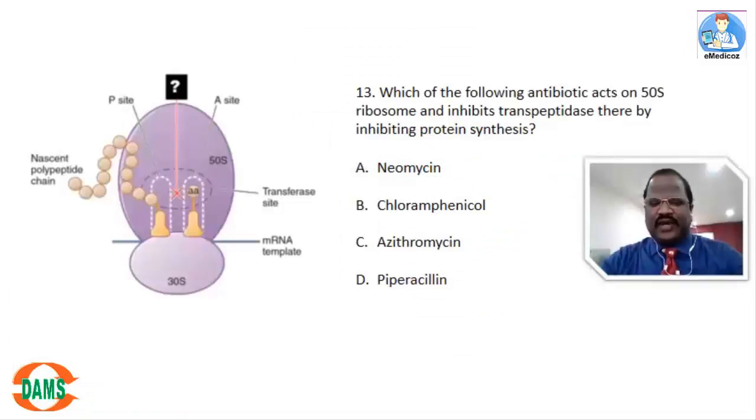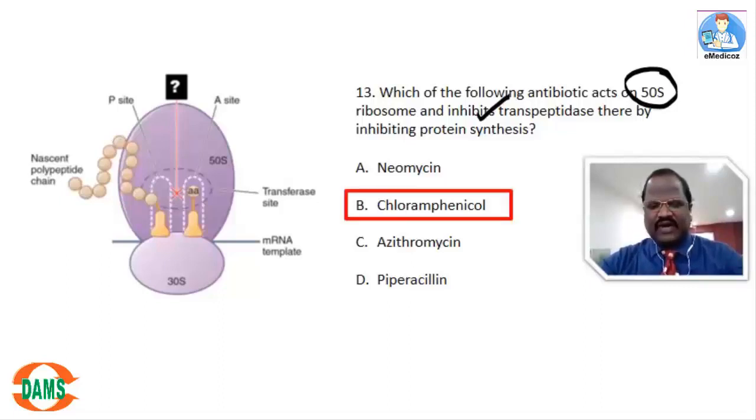Question number 13. Which of the following antibiotics acts on 50S ribosome and inhibits transpeptidase, thereby inhibiting protein synthesis? Options given are neomycin, chloramphenicol, azithromycin and piperacillin. The right answer to the question is option B, chloramphenicol.